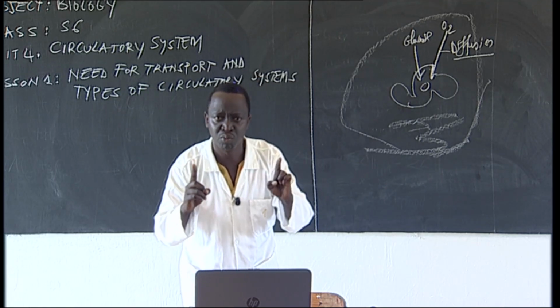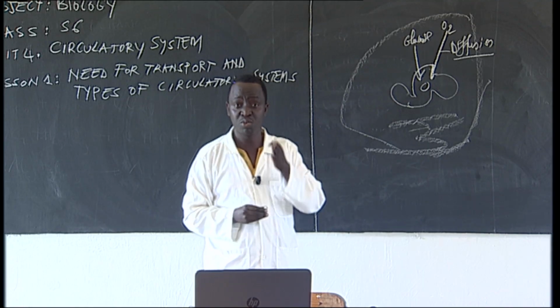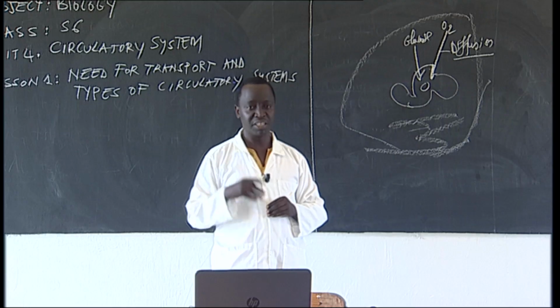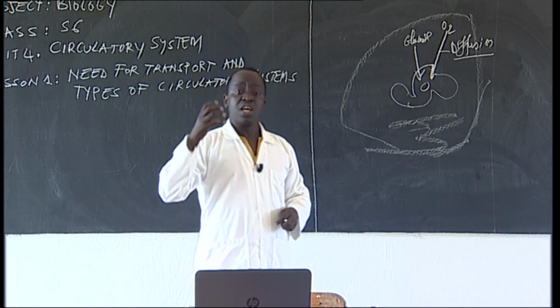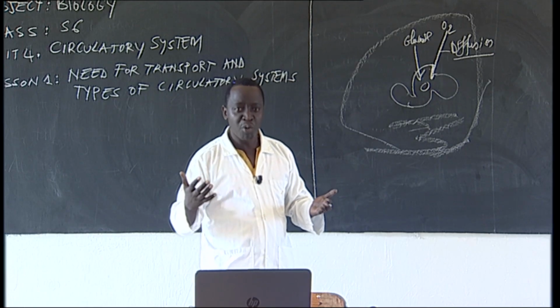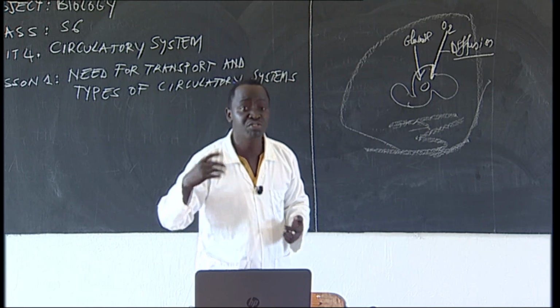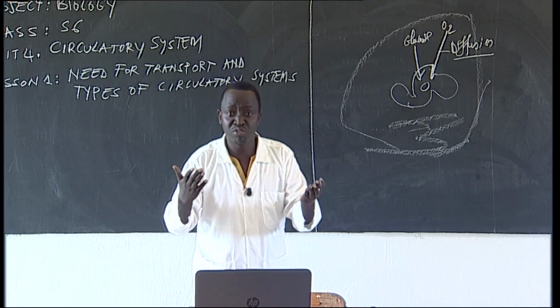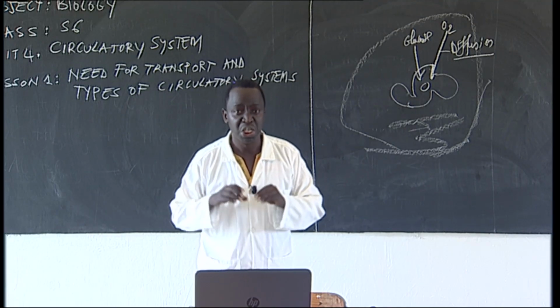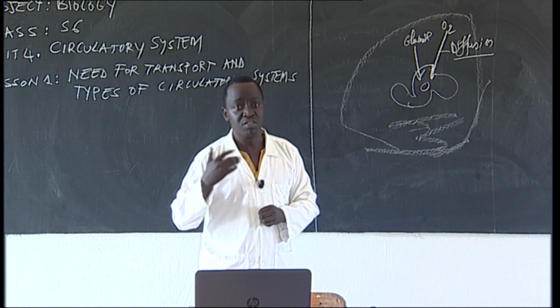Another reason, which is very important, why those large organisms need a transport system is this. All those large organisms are more active. They are more active, so they need a lot of nutrients. And those nutrients have to be transported into different parts of the body. How?